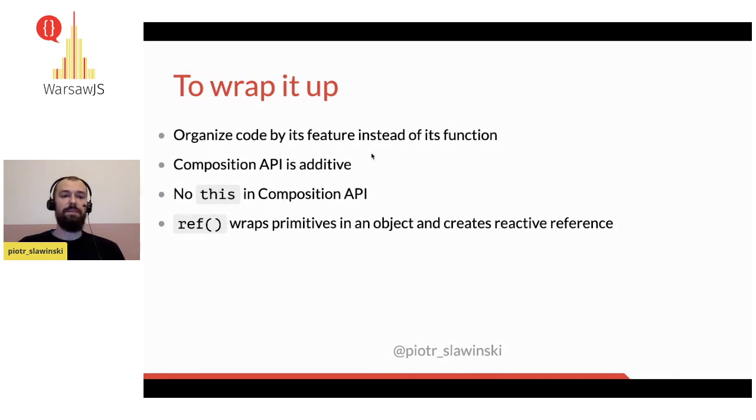I mentioned that. There is no this in Composition API, because the setup does not recognize it. And the ref from Vue 3, or currently from the plugin, wraps primitives in an object, and we can refer to it using the value property.